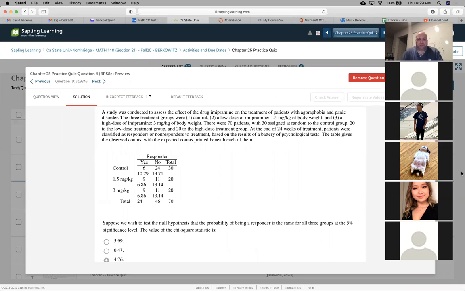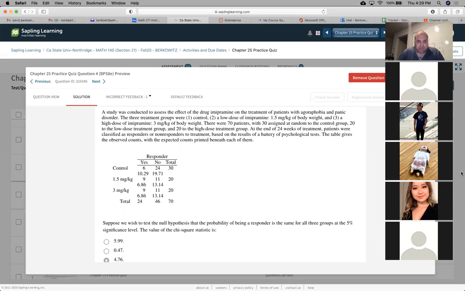A study was conducted to assess the effect of some drug on the treatment of patients with agoraphobia and panic disorder. The 3 treatment groups were control, that's group number 1, a low dose of 1.5 milligrams per kilogram of body weight, and a high dose of 3 milligrams per kilogram of body weight.